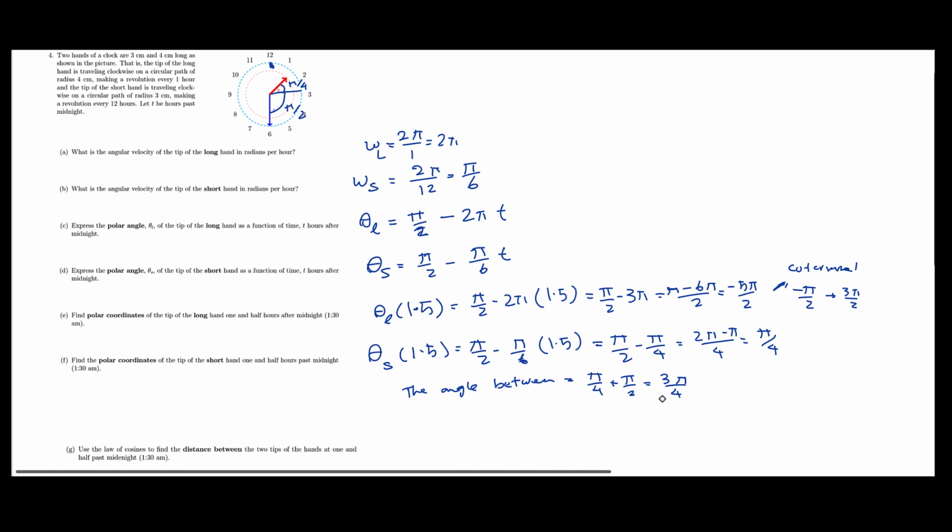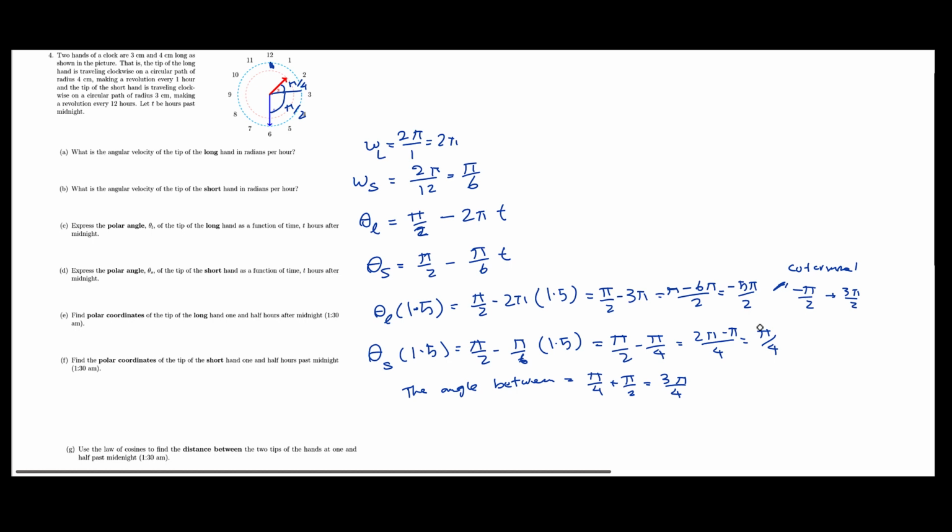I could have done this in multiple ways. I could have said pi fourth minus pi half, which is again the same in magnitude. If you have the picture, why not use the picture a little bit as well?